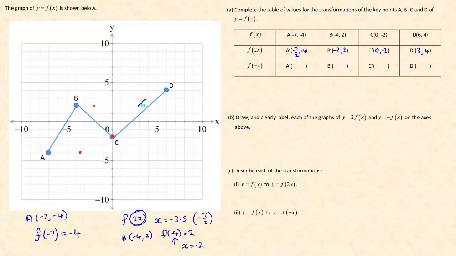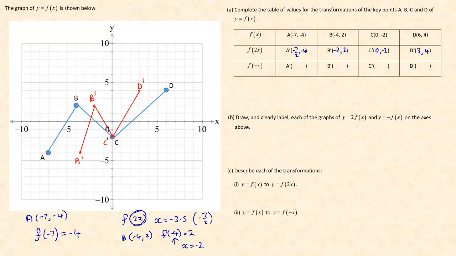And then we have 3, 4. And that's going to look like that. So we're going to have A dashed, B dashed, C dashed is in the same place as C, and D dashed.